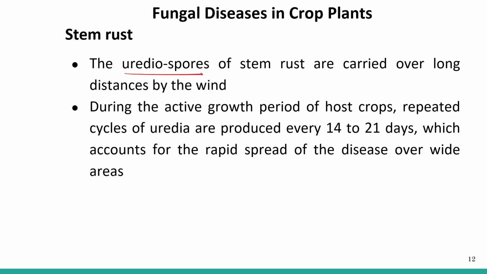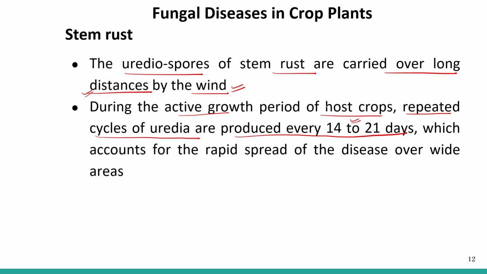The urediospores of the stem rust are carried over long distances by the wind. During the active growth period of the host crops, repeated cycles of uredia are produced every 14 to 21 days. Sometimes they can infect another wheat crop, right? So again there are repeated cycles of the uredia, which accounts for the rapid spread of the disease over a wide area.